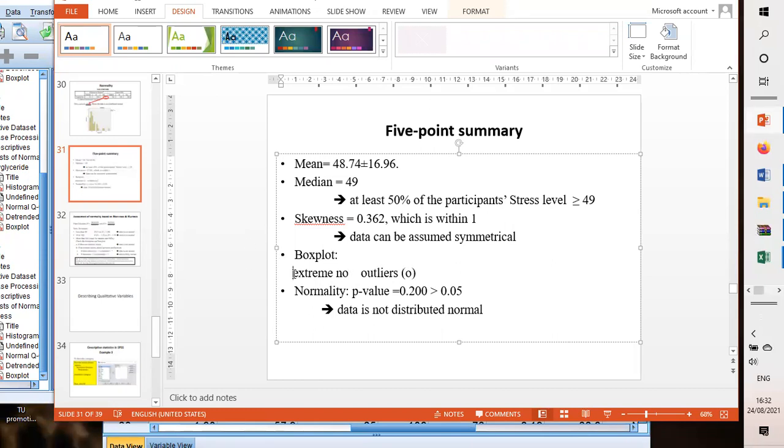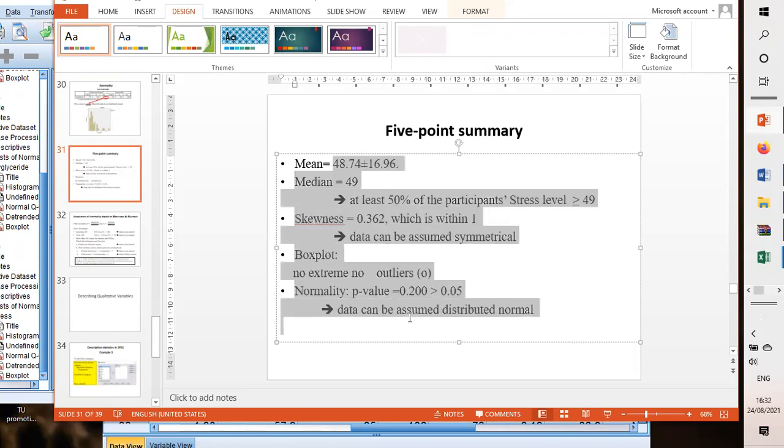Normality p-value is more than 0.05, so data can be assumed to be normally distributed.